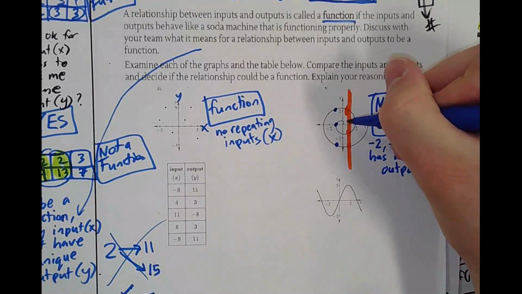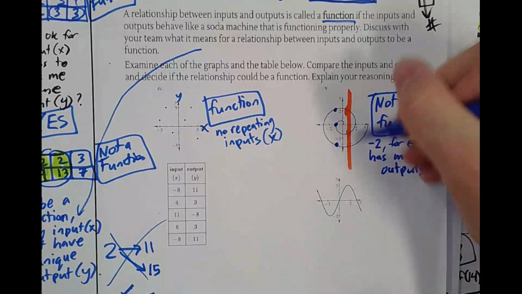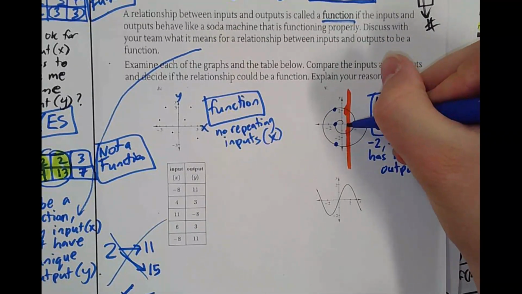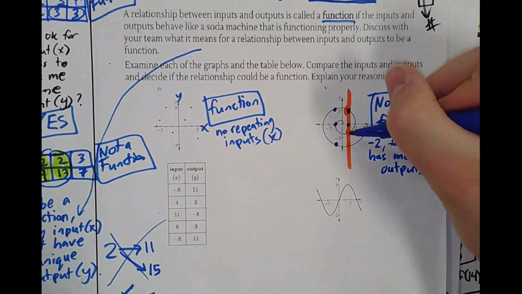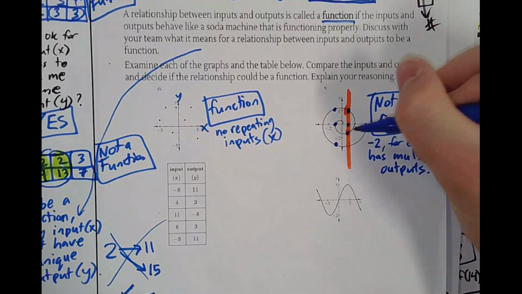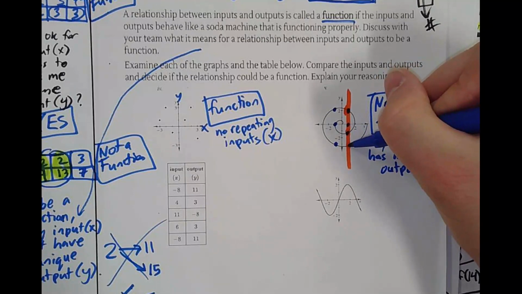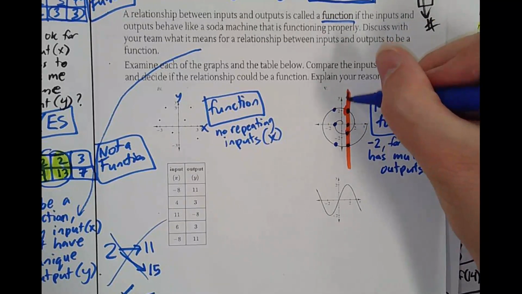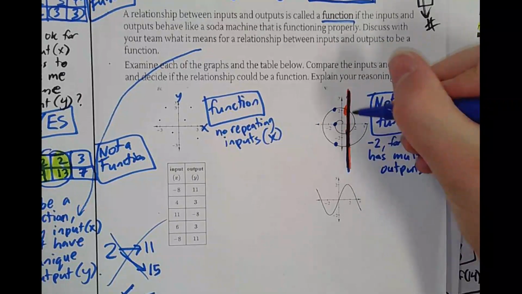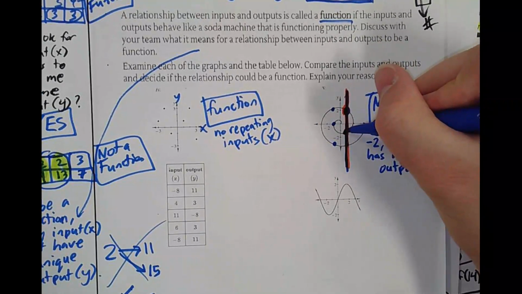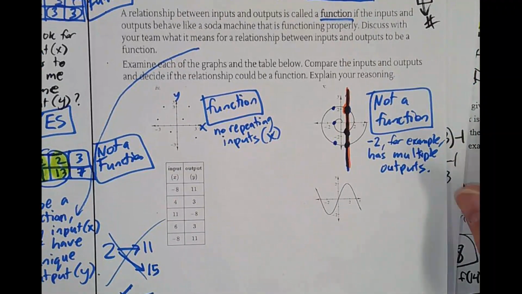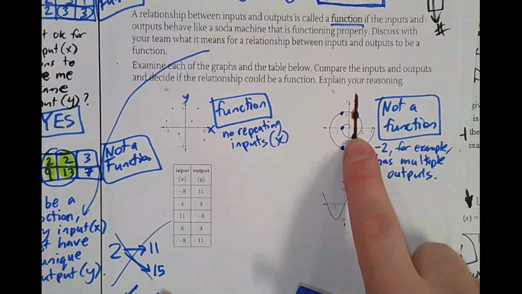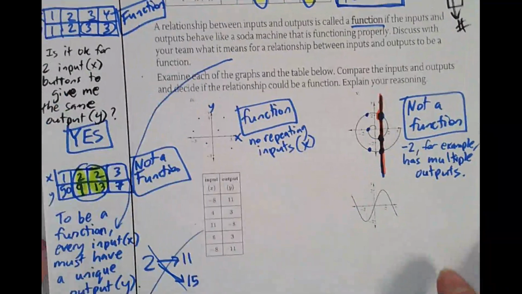For example, at 1, x is 1 right here, we have an output over here at about 2. We have an output at around negative 1.5. And we also have another output at around negative 3. Since this input is giving us multiple outputs, that's not a function. It's like pressing this button and it gives you different things. Okay, next one, the tables.